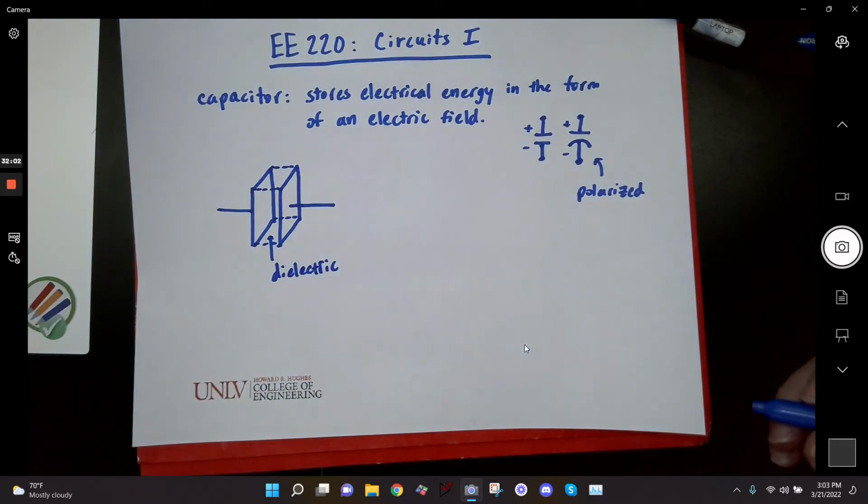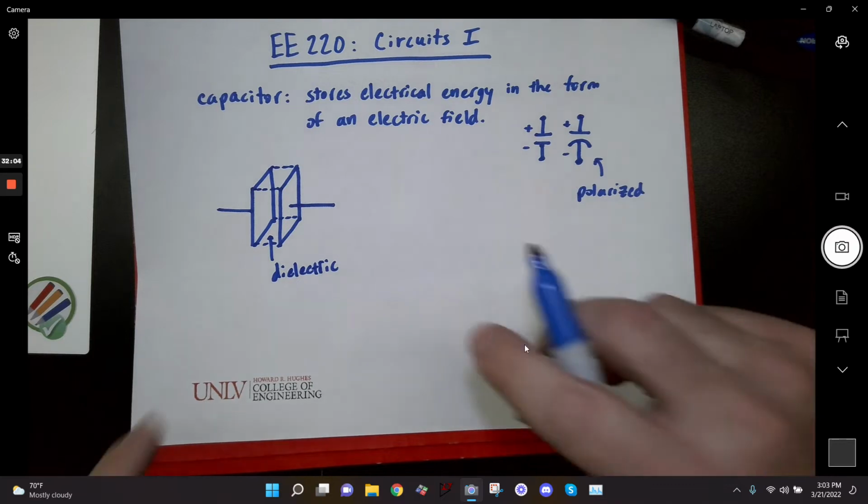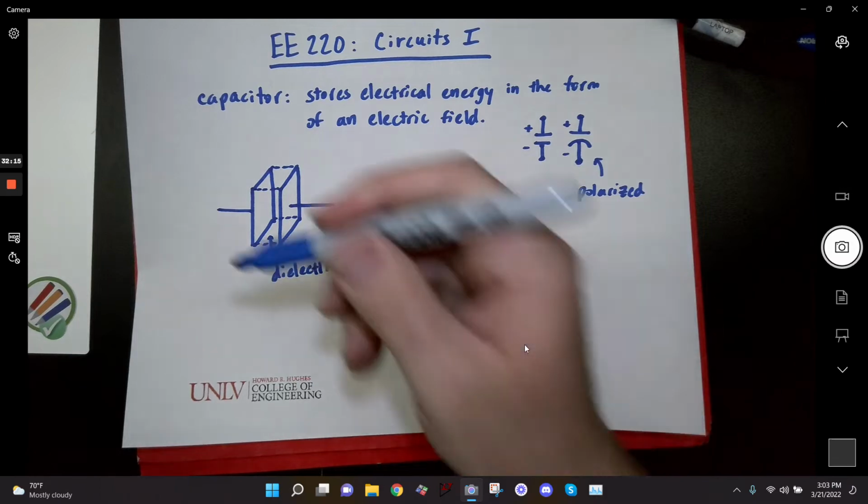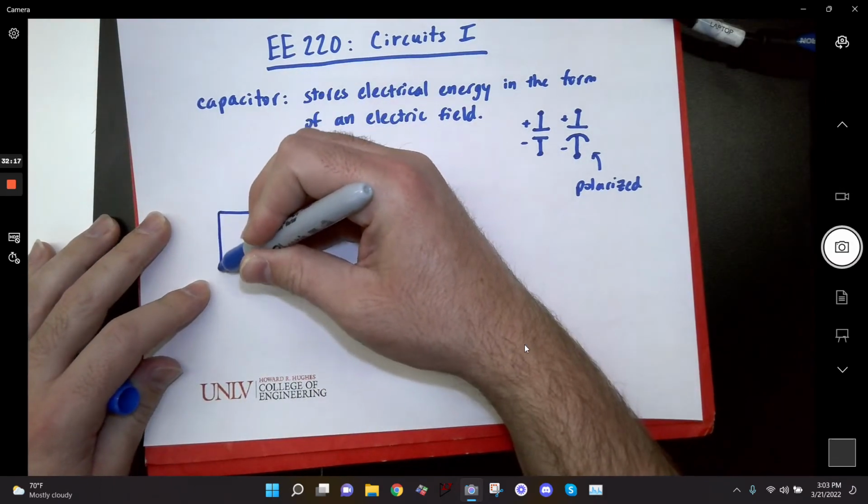The reason for the dielectric is to keep the two plates from shorting together, because if they short together then you have no electric field. A capacitor basically builds up charge, right? Let me just draw a little battery here. I'll draw a little circuit.